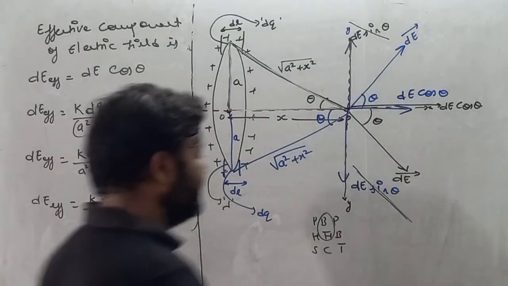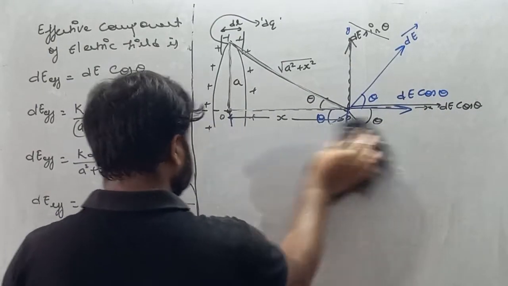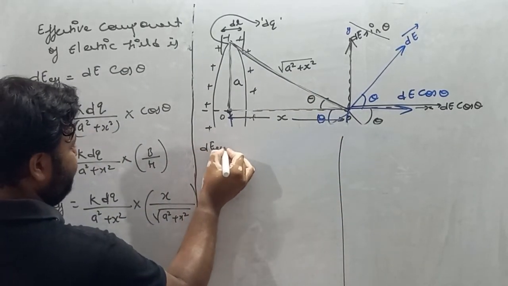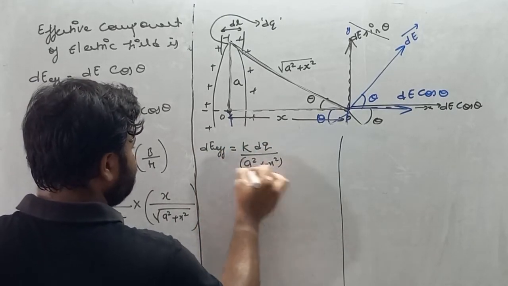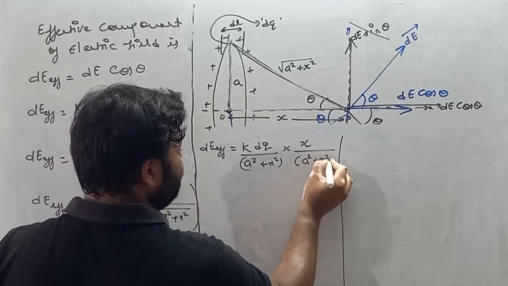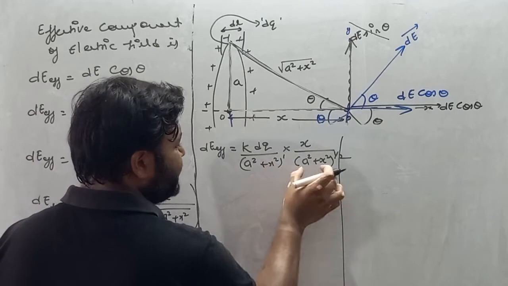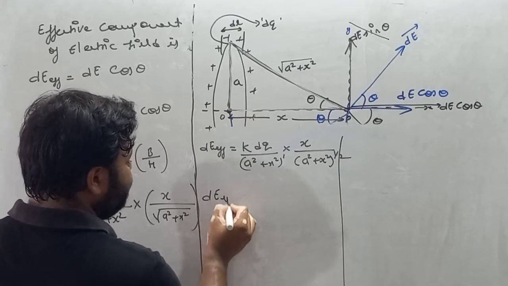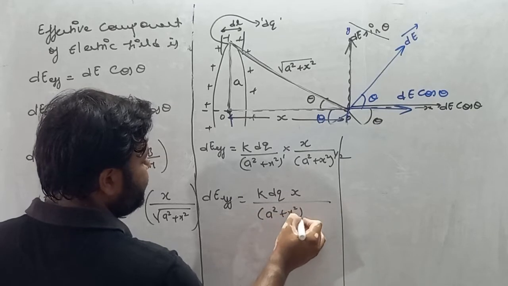Now see, my dear student, if we remove the under root, we'll get half to the power. Instead of root, I'll write half. Now see, if the base is the same, then the powers are added. So 1 plus half is 3 by 2. What will we get? dE effective is equal to k dq x by a square plus x square raised to the power 3 by 2.